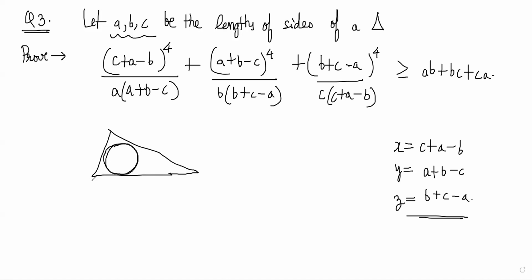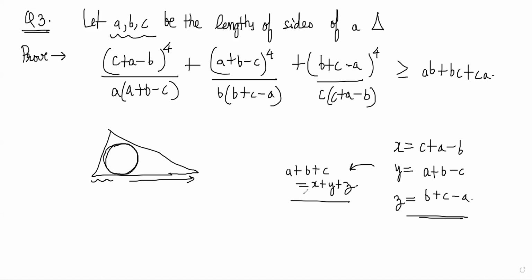If you draw the incircle, these lengths are being represented here, because you can say here that a + b + c is equal to x + y + z, right?